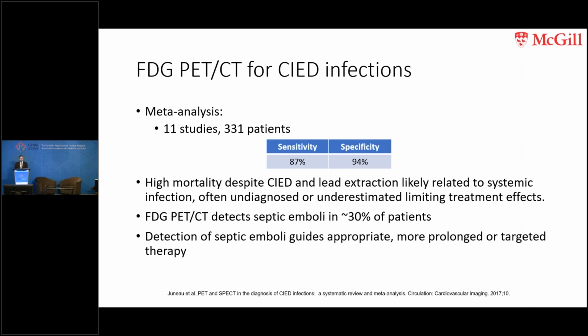In a meta-analysis of 11 studies, the sensitivity of PET with FDG was 87% with a specificity of 94%. Very high mortality, also because maybe there are septic emboli that are not being treated. FDG PET therefore detects septic emboli in 30% of cases, which allows for more appropriate and guided therapy.